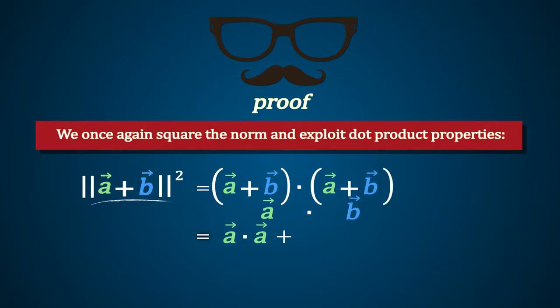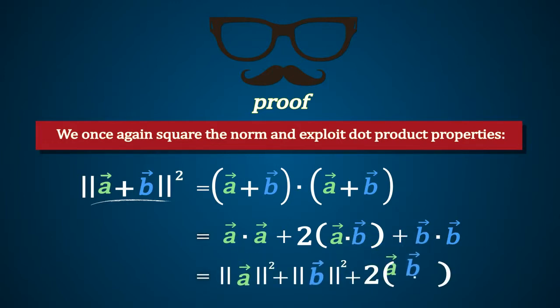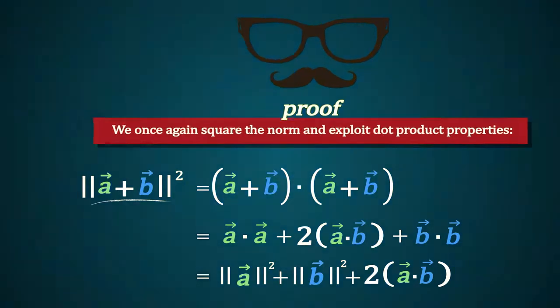Expanding or foiling this expression, we get a dot a plus 2a dot b plus b dot b. Converting dot products back to norms, this is the norm of a squared plus the norm of b squared plus 2a dot b.